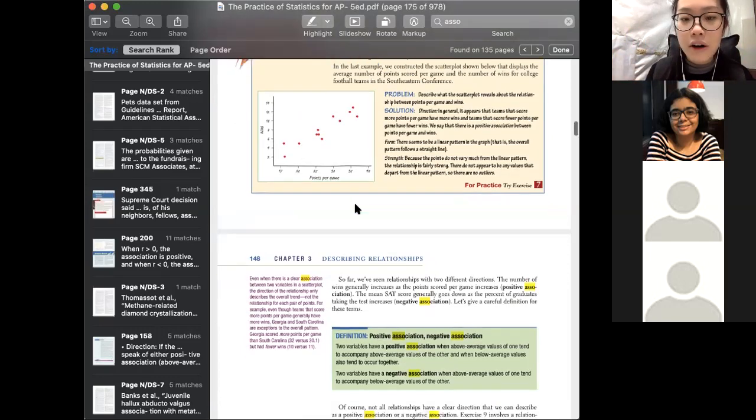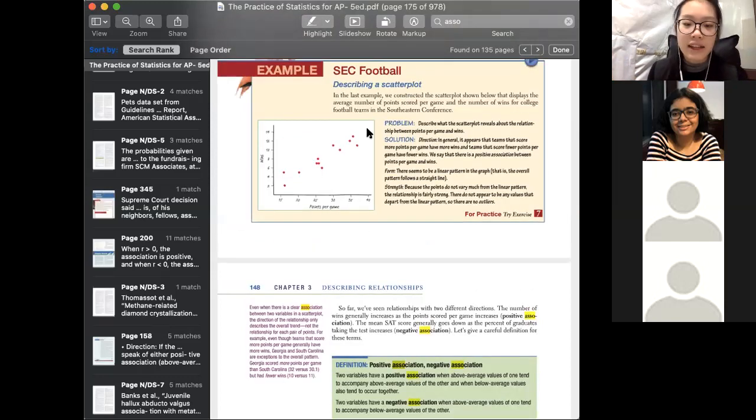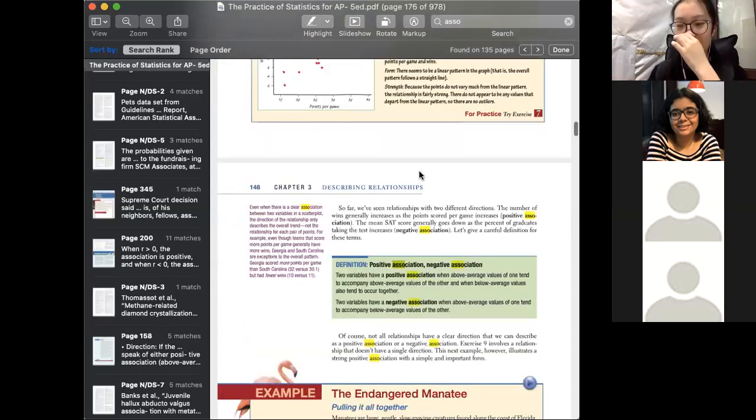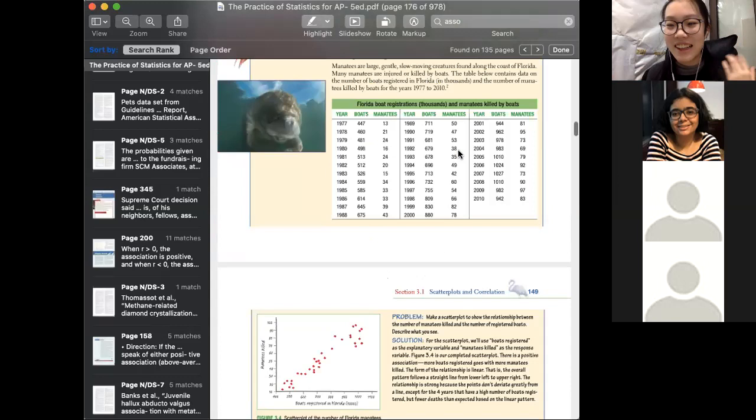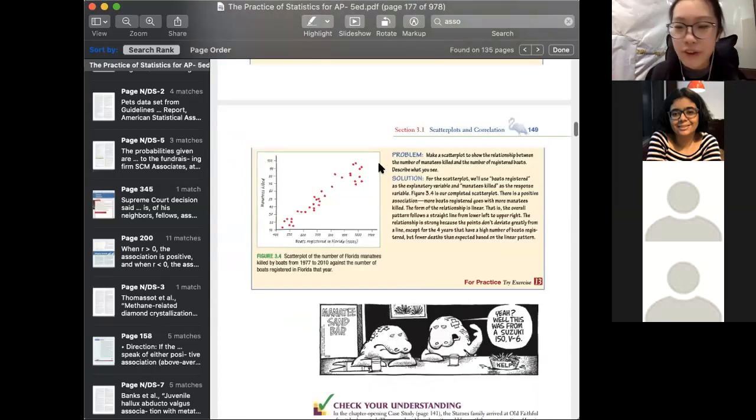So that's 3 parts. So here we can describe this as a positive linear fairly strong, or relatively strong, association. This is strong. The not strong one is really abstract sometimes. This is very, very strong.